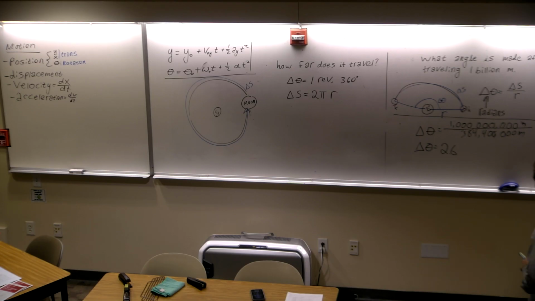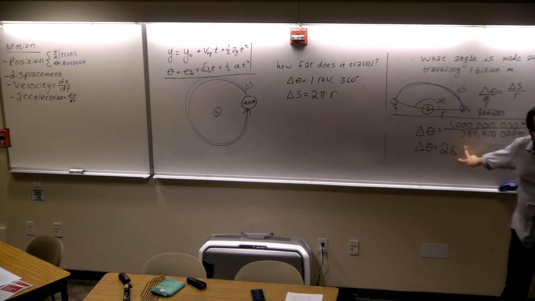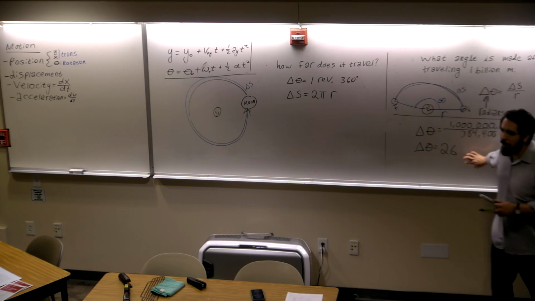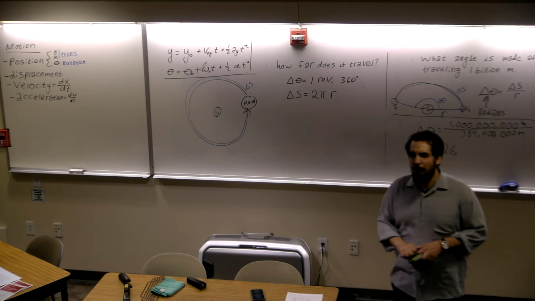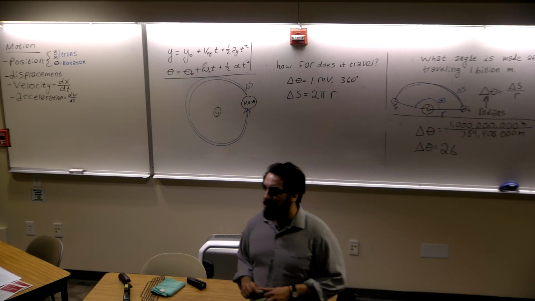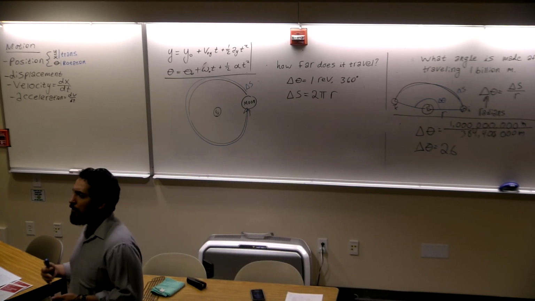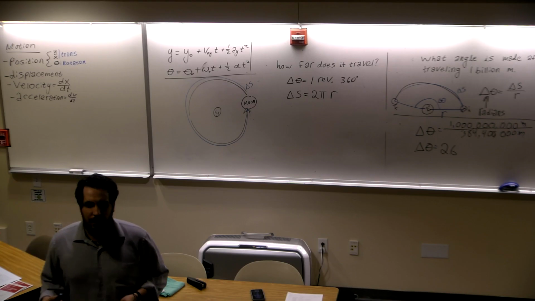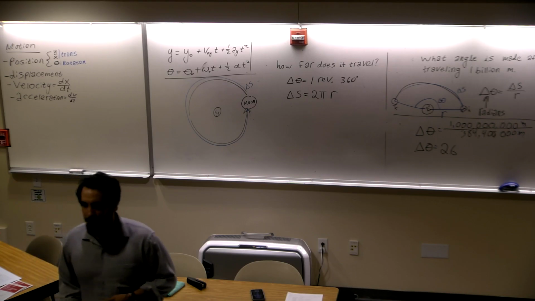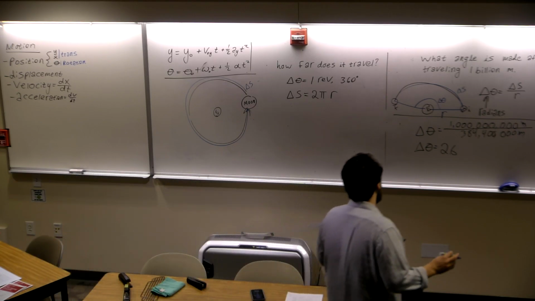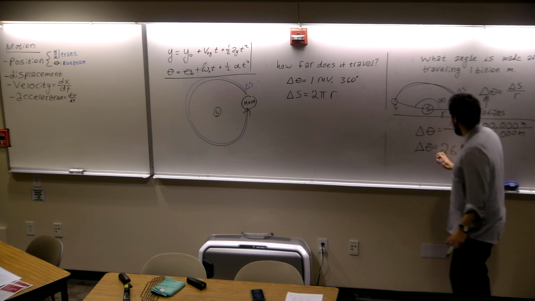So delta theta here has no unit, and that's the interesting thing here. When we define our angle through this use of radians, we end up with something that is a unitless value. Why is that? Well, that's because we define the radian using a ratio, and ratios never have units. So what do we do here? Well, we want a way to understand what this 2.6 means.